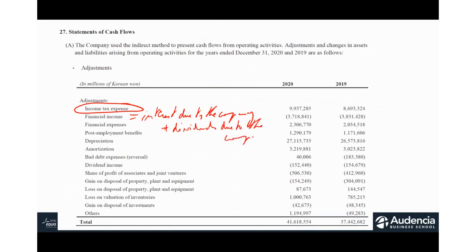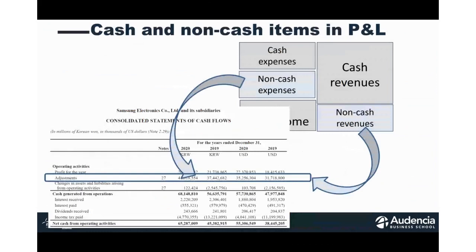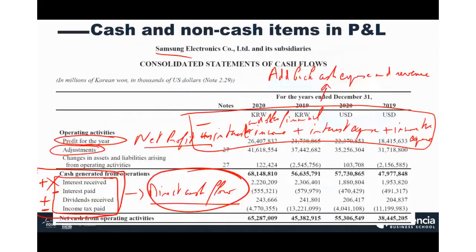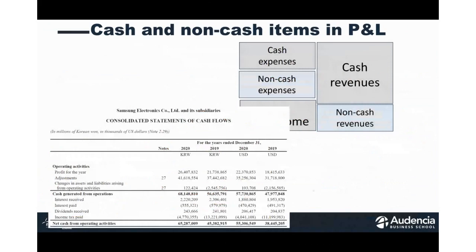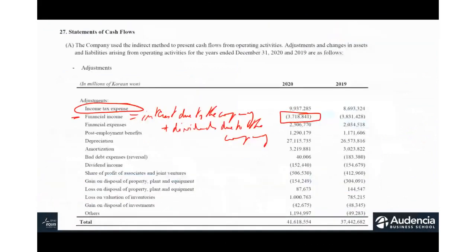So I eliminate all this. I put minus. You can see between parentheses is minus. I want the minus here in order to replace directly by what I receive. So it's a minus here in order to do plus dividends received plus interest received. For the financial expense, I eliminate the financial expense, plus. So here you can see it's positive. Here is also positive.